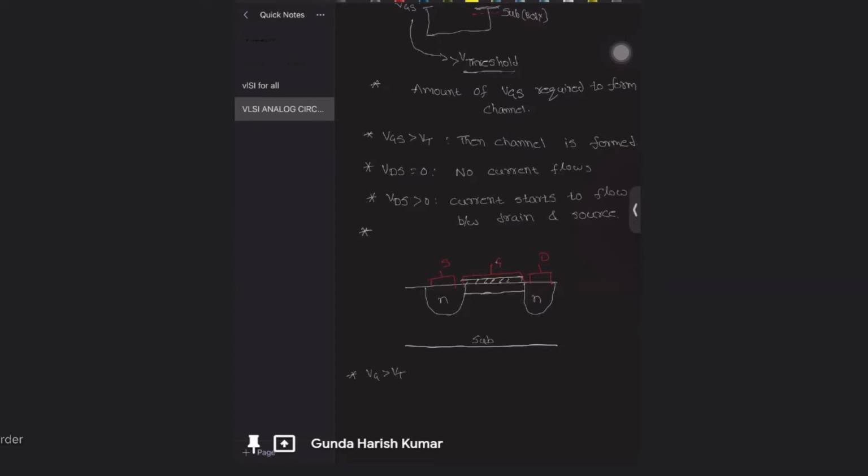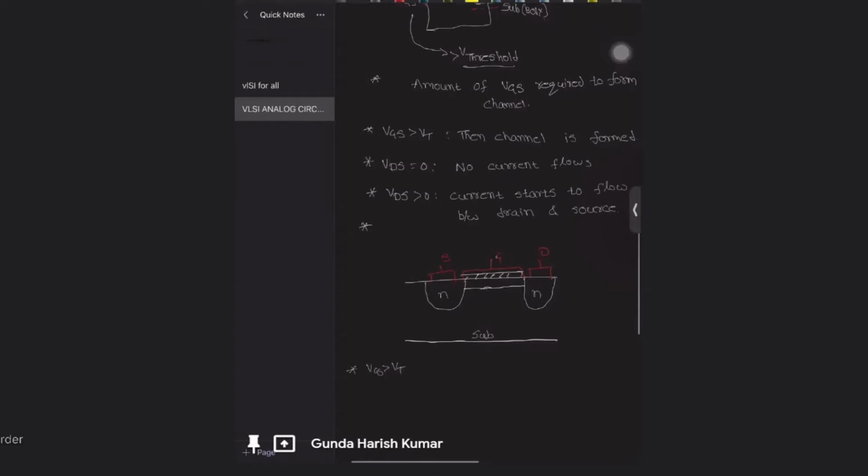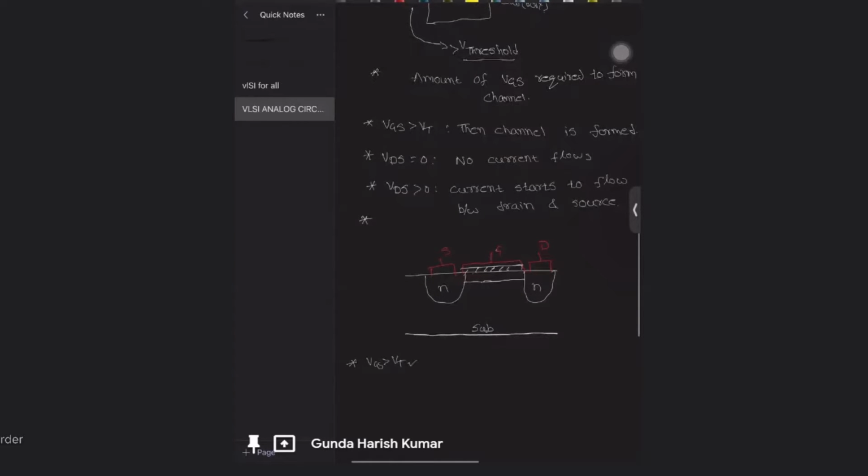Here I require VGS greater than VT for the formation of a channel. But in practice, the voltage between gate and substrate should be greater than VT for the formation of the channel, since the substrate is at the same potential as the source, both are ground, right?